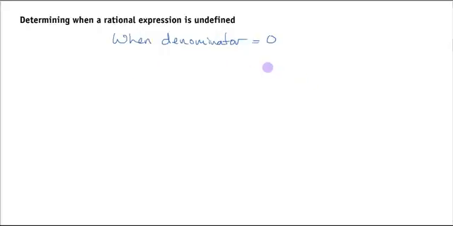We don't want the denominator to equal 0, or it will be an undefined expression. Here we're going to find any values of the variable that make the expression undefined. Here the denominator is x. And we know that we don't want the denominator to be a 0, so we're finding the values that make the expression undefined. x equals 0 would make the expression undefined.